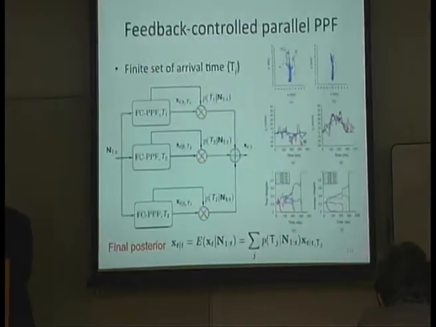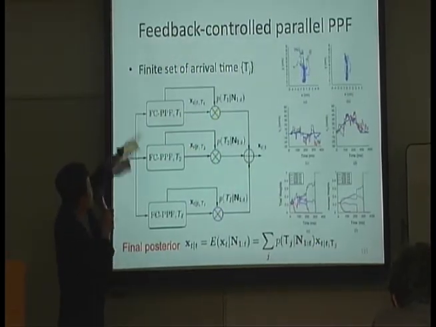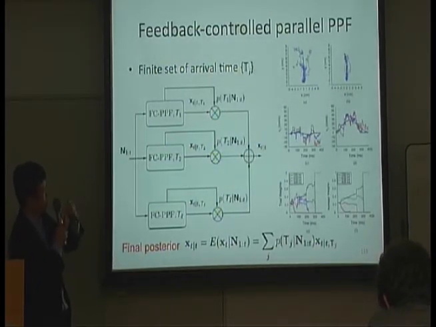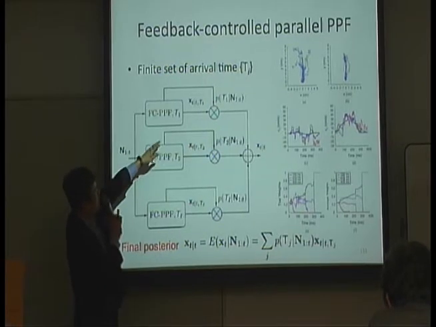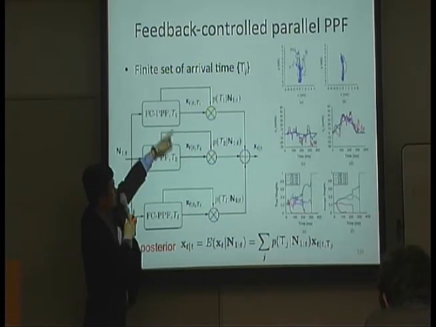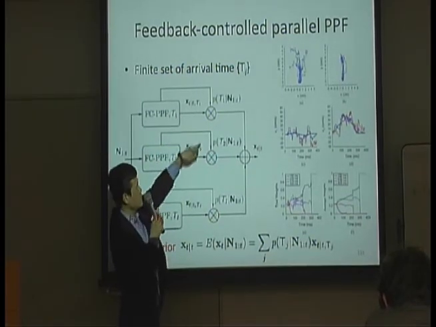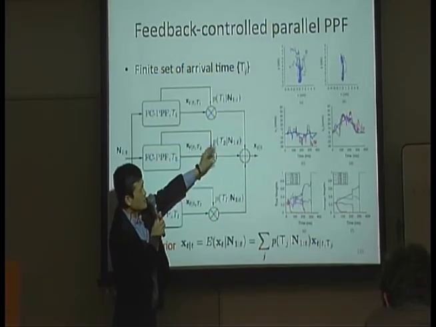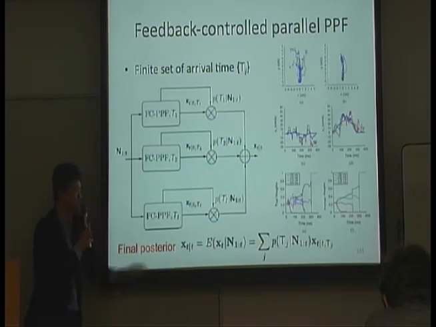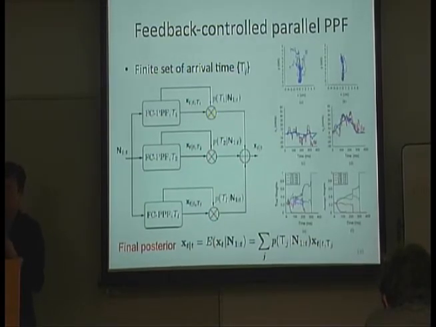If you draw a diagram, it's basically like a parallel set of point process filters. For each one you have a different arrival time, and given that, you come up with a posterior estimate. Then you combine them in a Bayesian, principled way, and come up with a final posterior.